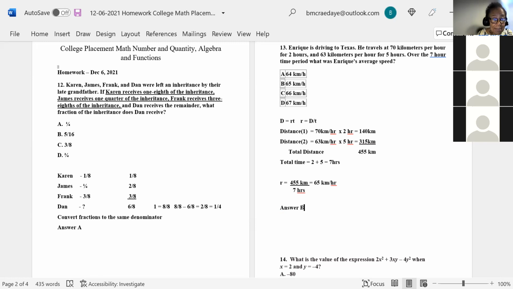For the distance, we multiplied the rate times the time for both parts of his travel and added them up to get the total. That total distance is then divided by the total time, and that gives you the average speed that he traveled.